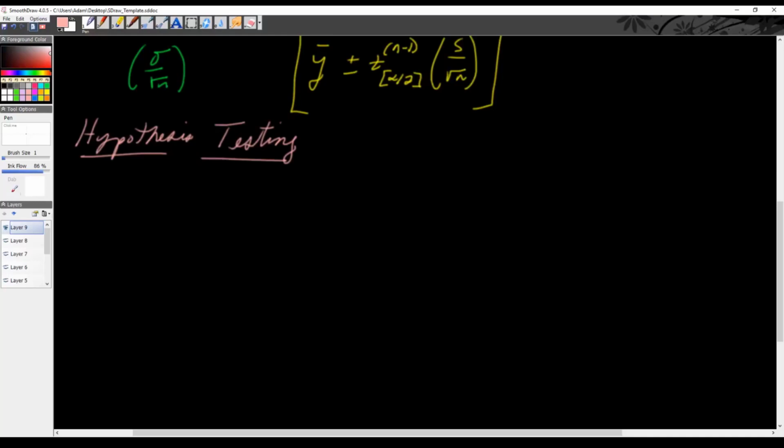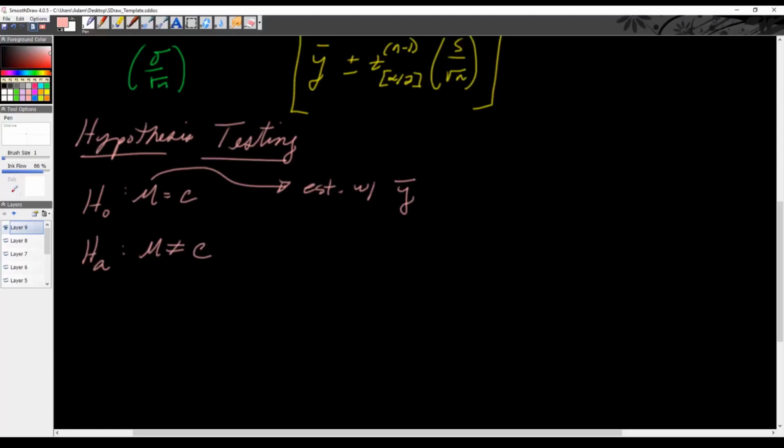So sometimes you wish to test the null hypothesis, that mu is equal to some value against the alternative hypothesis that the true value does not equal some value. So mu is the population mean, and we estimate it with y bar.